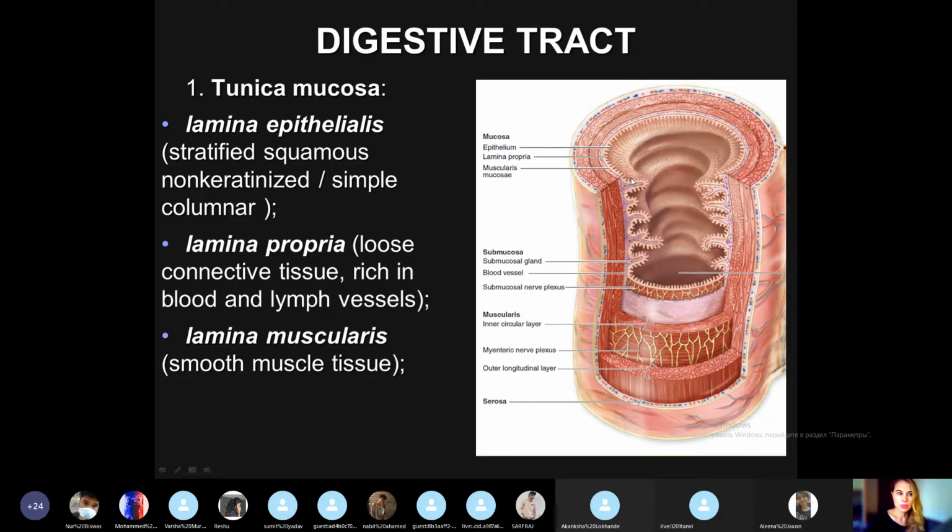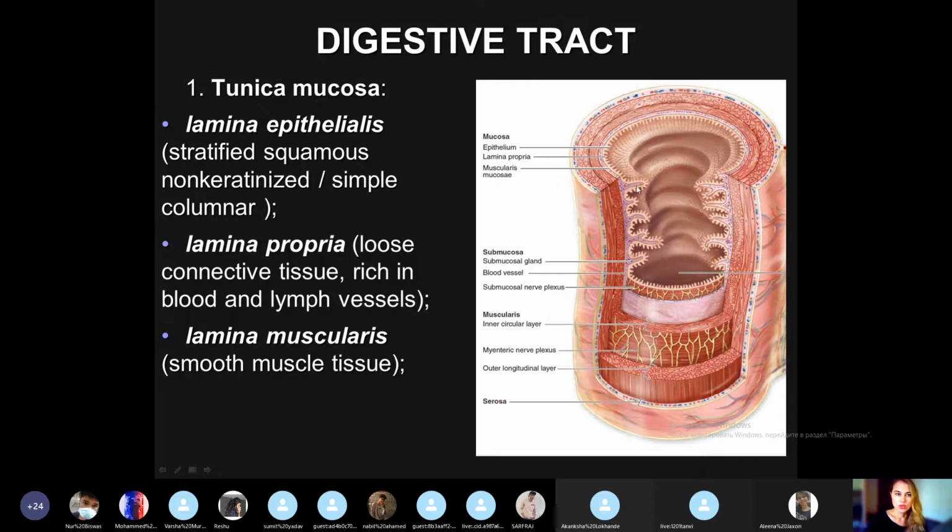Tunica mucosa is composed of 3 components. First is lamina epithelialis, which is lined by different types of epithelium depending on the organ of the digestive tube. For example, in the oral cavity, it is lined by stratified squamous non-keratinized epithelium. In the stomach, small and large intestine, it is simple columnar epithelium.